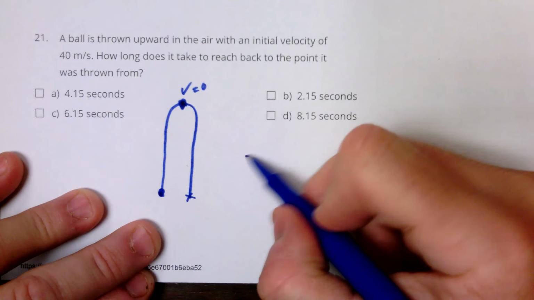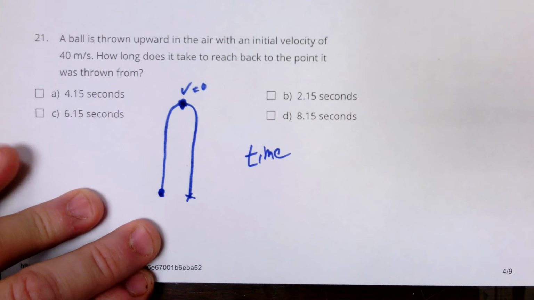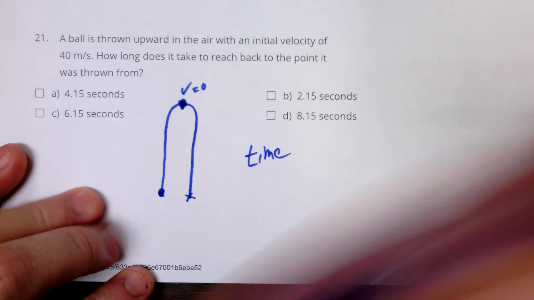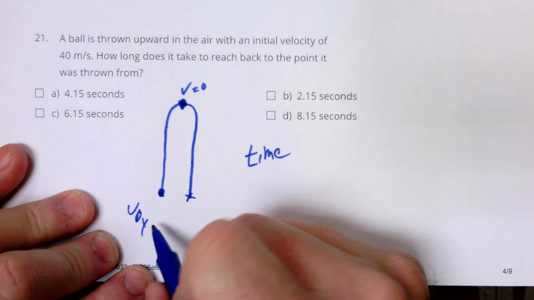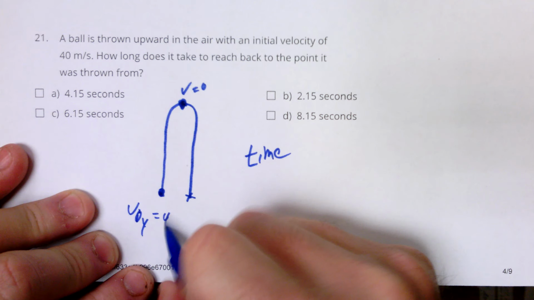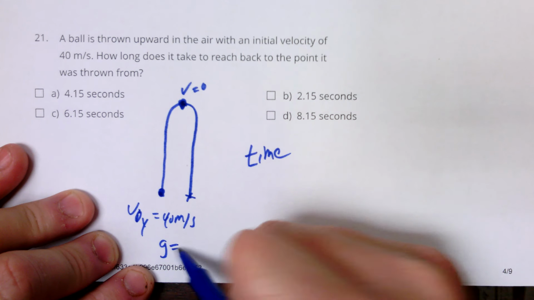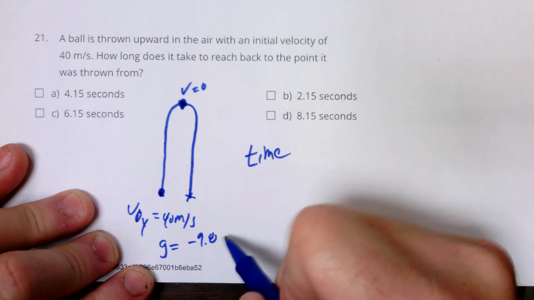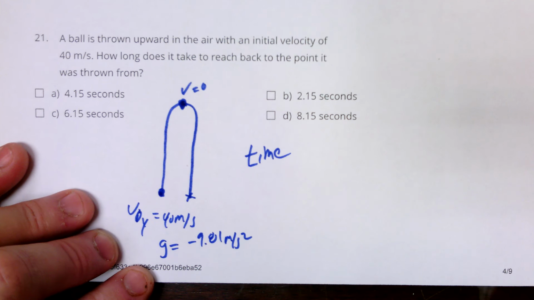So I want to solve for time. And there's a couple of different ways you can do this. We know the initial velocity was 40 meters per second. We know the g, or the acceleration, is negative 9.81 meters per second squared. I want to solve for time.